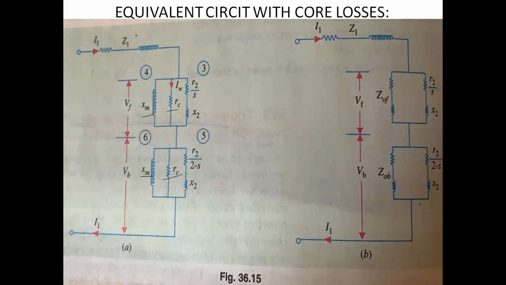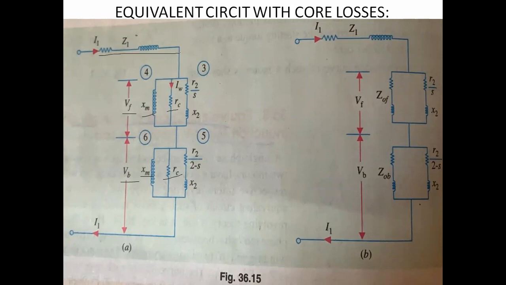If you consider the running conditions, VF is high and VB will be correspondingly low. So most of the iron losses will take place in the forward motoring only. Most of the iron losses will comprise the common stator and the forward running rotor.